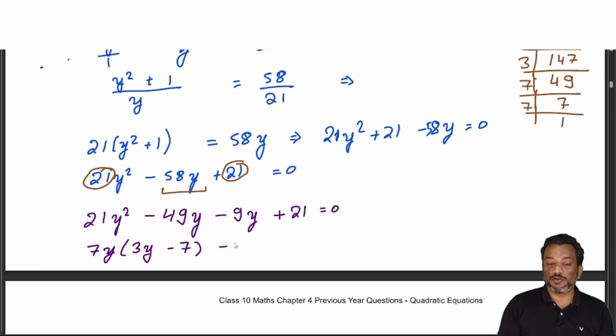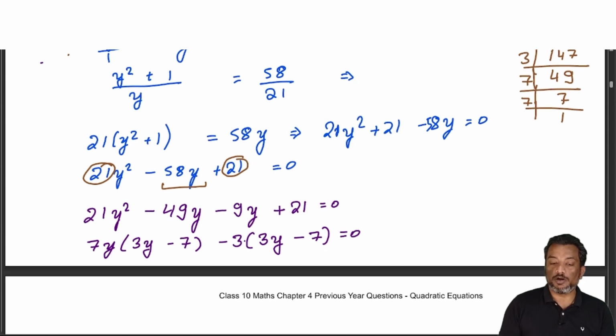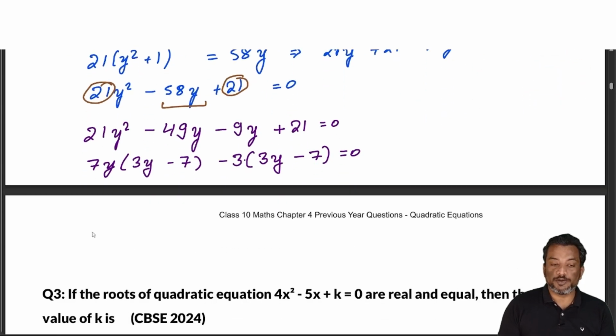Same here, you can take 3 common, so you will get 3y minus 7 is equal to 0. So here you got this. Now you can say 7y minus 3 and 3y minus 7 is equal to 0.